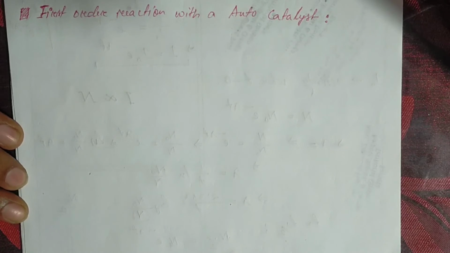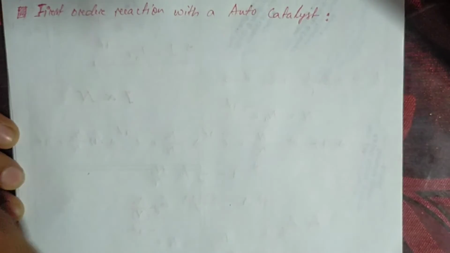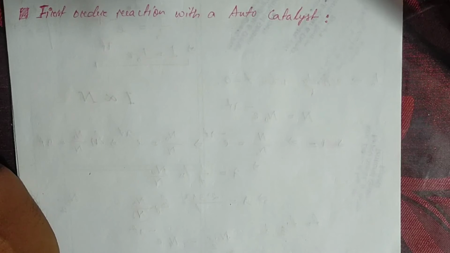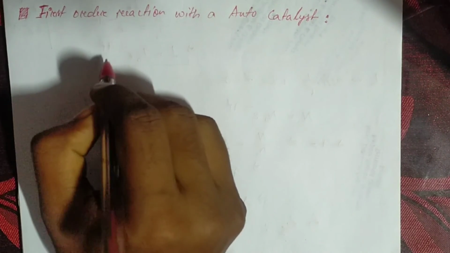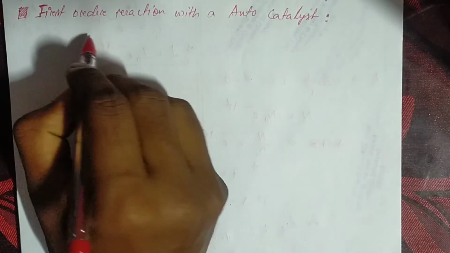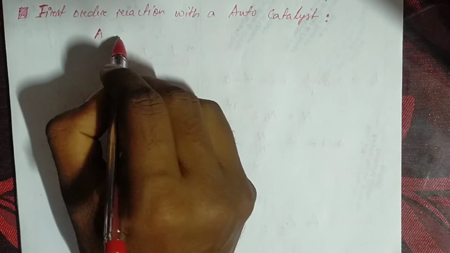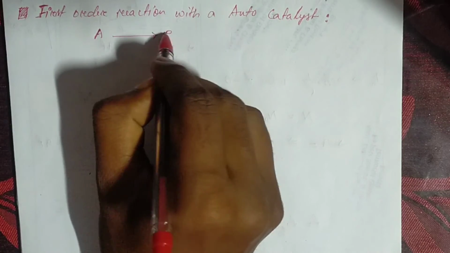Discuss first order reaction with an autocatalyst. So in this reaction, the product X is an autocatalyst. That means there will be a reactant A from which there will be a product.